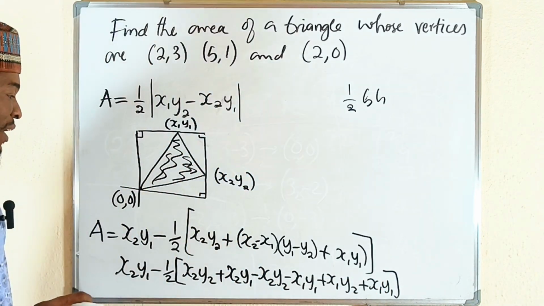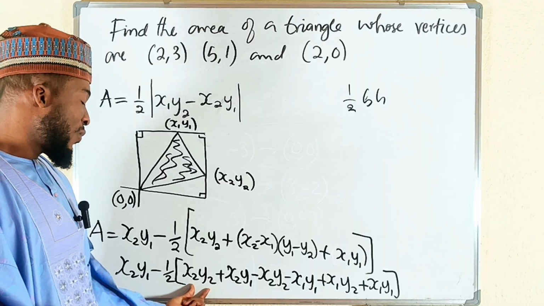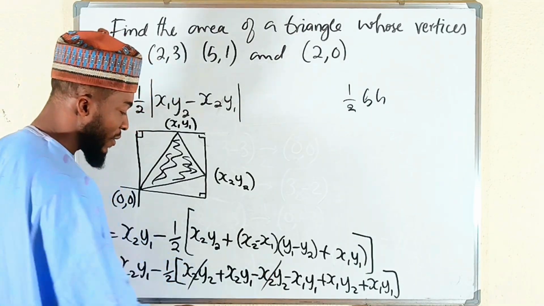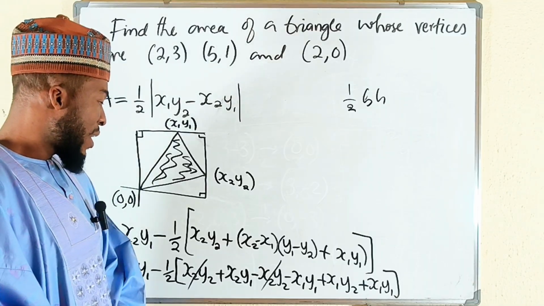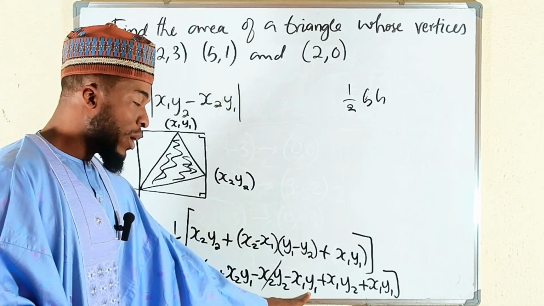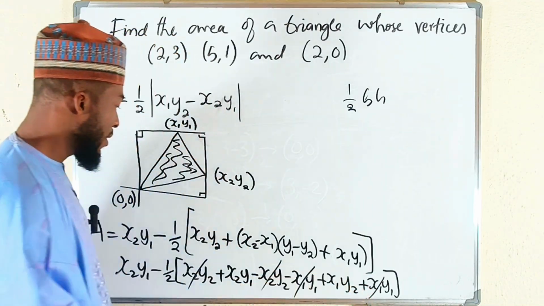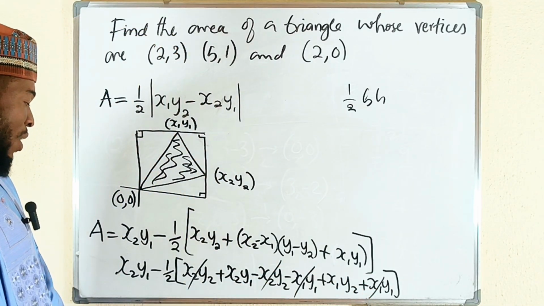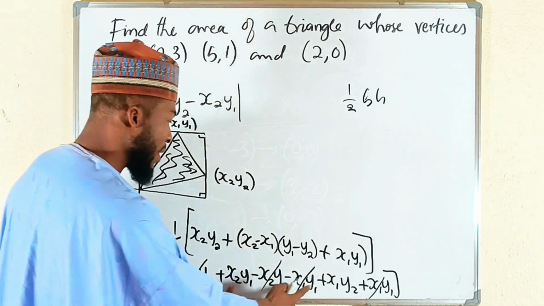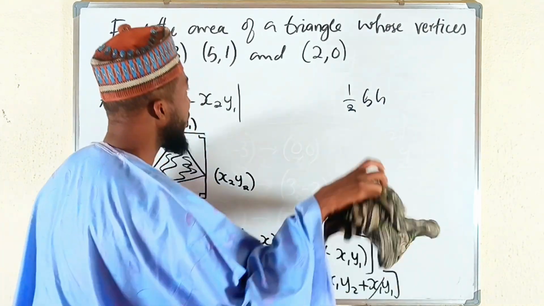Let's see whether we have anything to cancel. x2, y2 and x2, y2 will cancel. Do we have another one that can cancel here? Yes, x1, y1 is negative, but this one is positive, so this and this will cancel. We only have this one and this one, right? So let me continue up there.